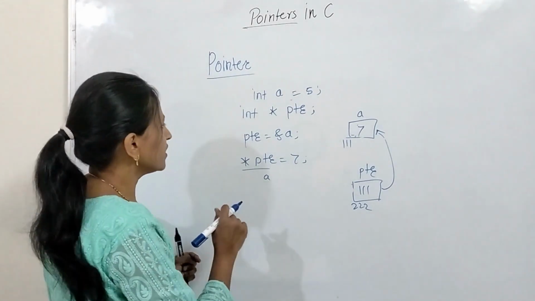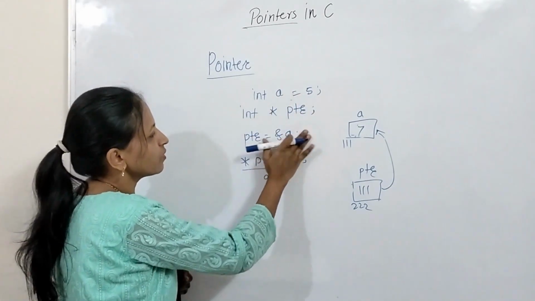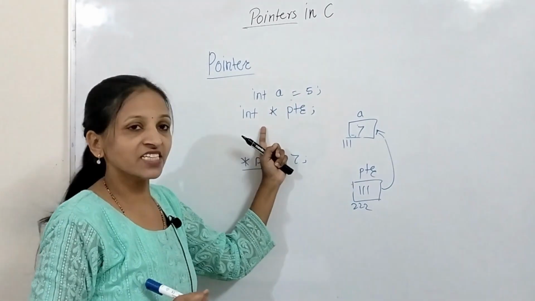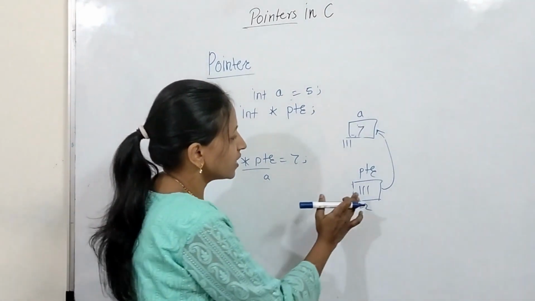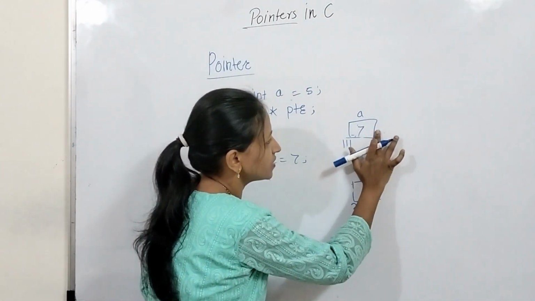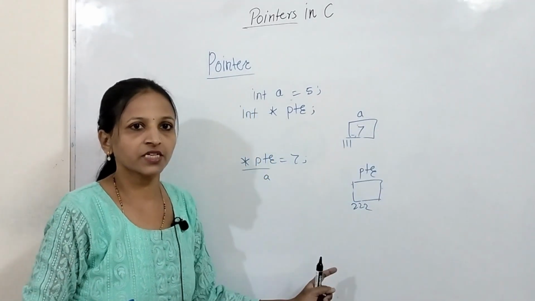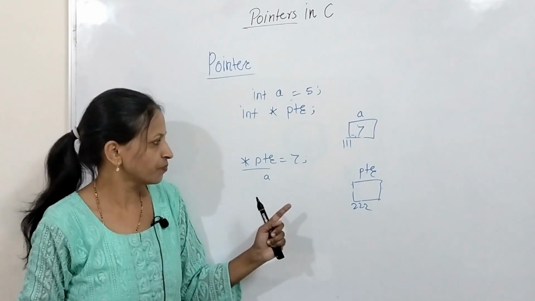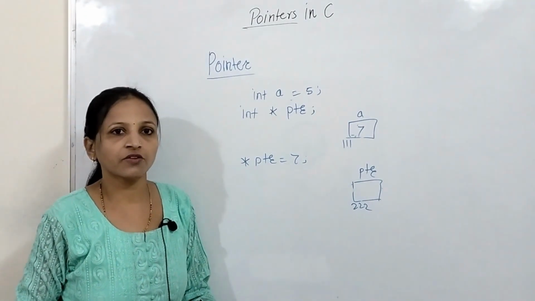Now the second point is, suppose we have declared the integer variable and the pointer variable, but we have not assigned the address of that integer variable to the pointer variable. Then this link will not be there, meaning ptr will not point to a. Only this will be the internal representation. And suppose I write star ptr equals 7.